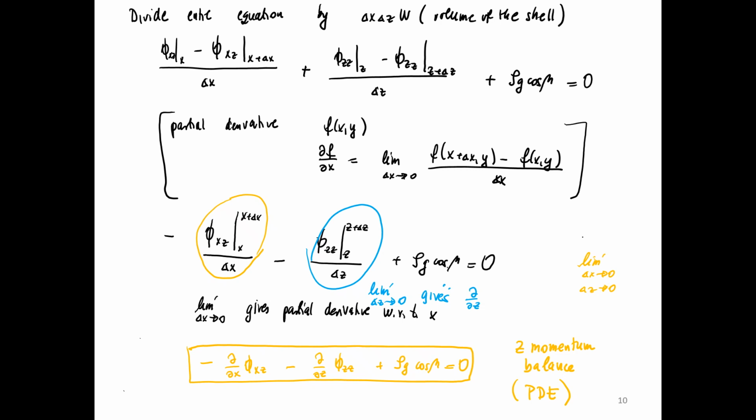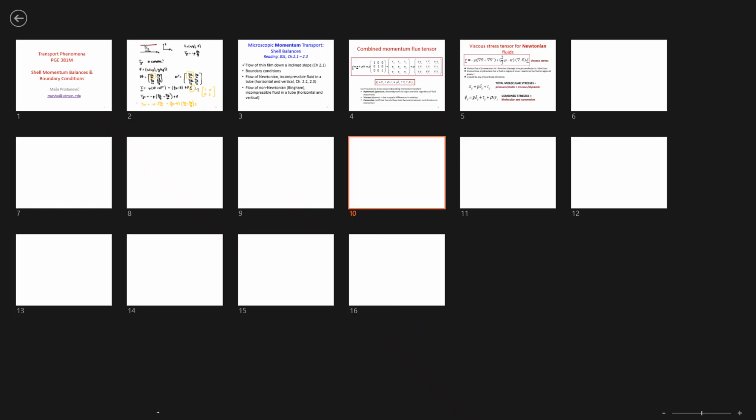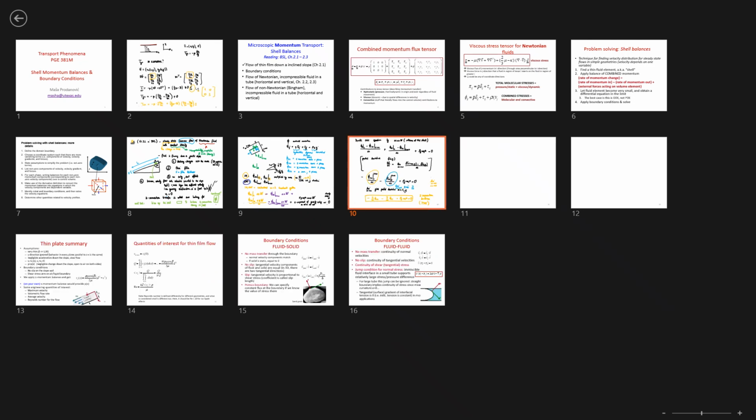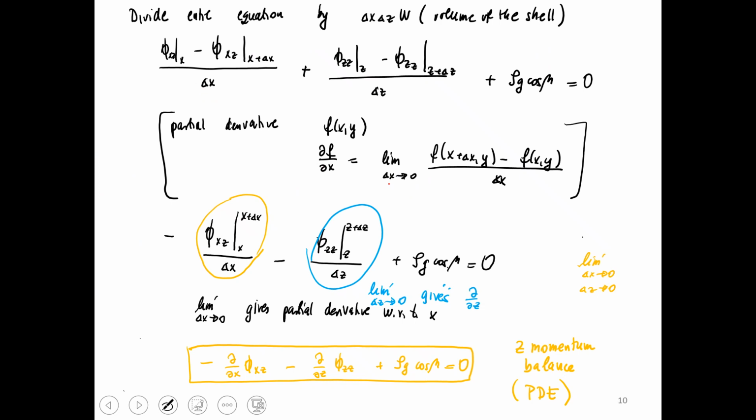So this is the combined Z momentum balance for any fluid.